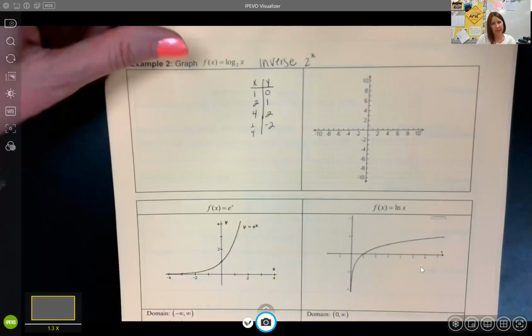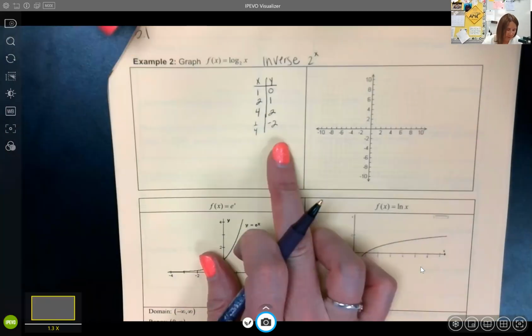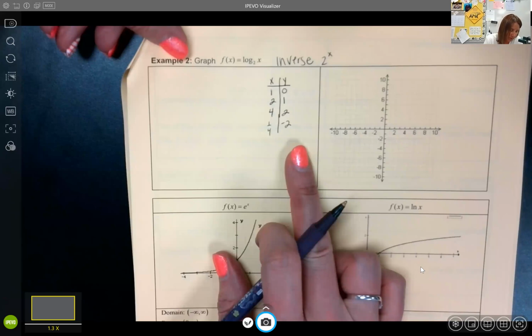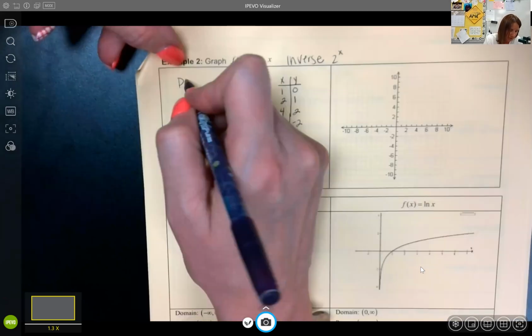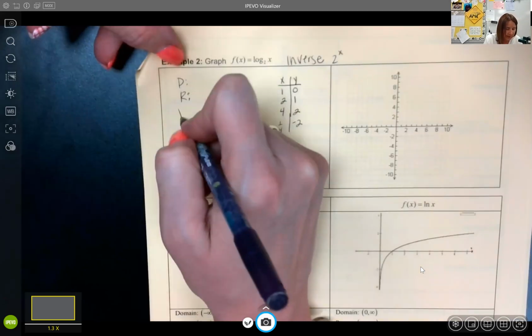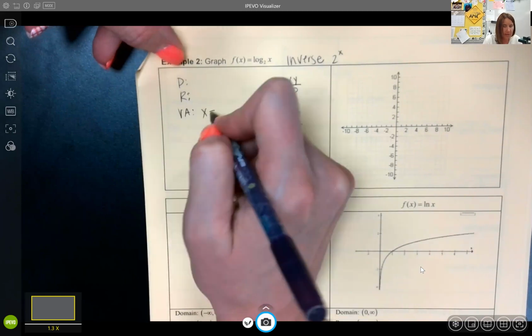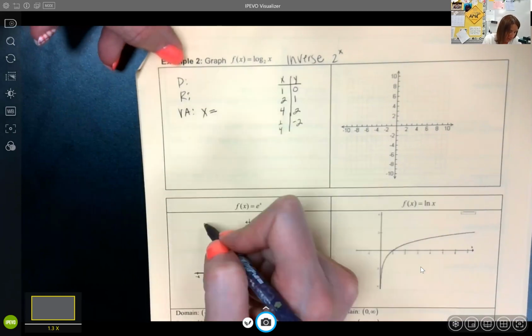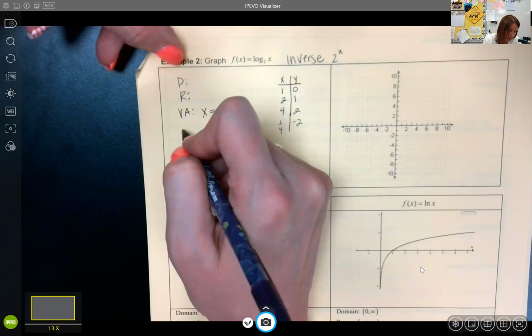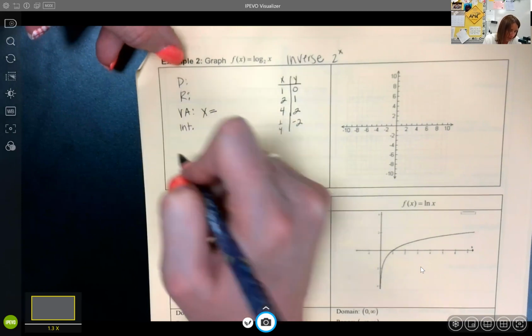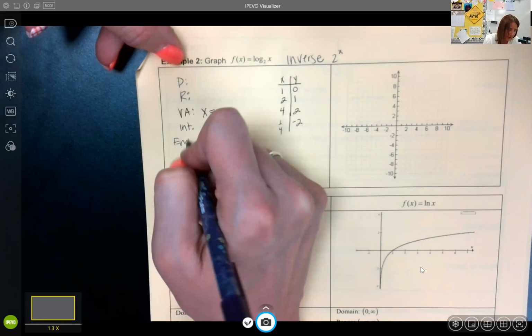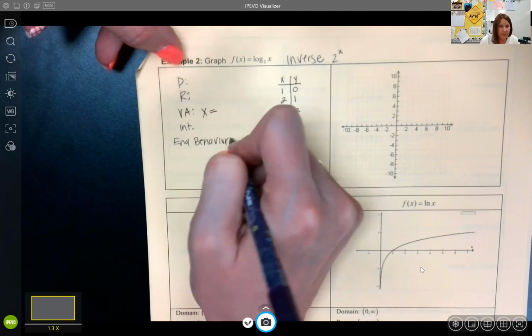Okay, so this will give us a good idea of the graph, but I could still write down the domain, the range, the vertical asymptote because it's a log, the intercept, and the end behavior. So we're going to write these things down about this graph every time.